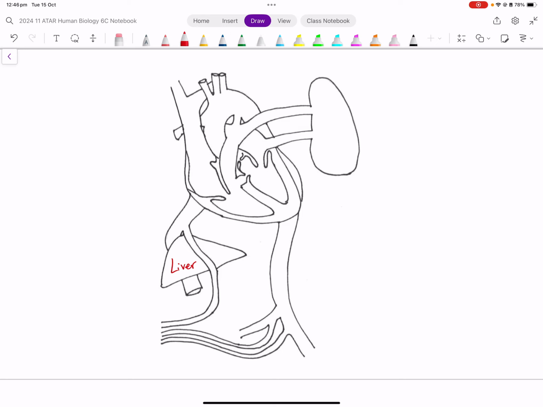In this instance, with the fetal vein here, blood, instead of passing through the liver, can take a shortcut into the vena cava. And that shortcut is this small pathway here that I'm drawing in yellow now.